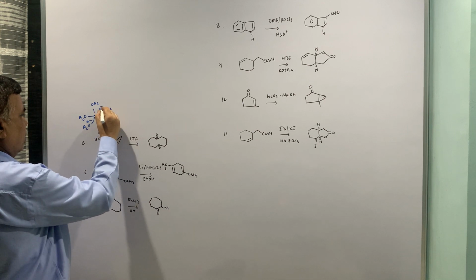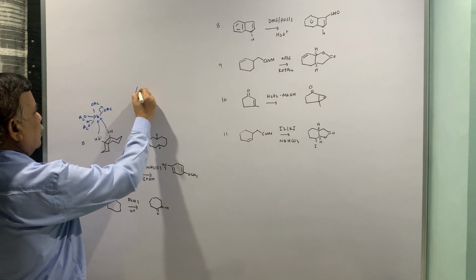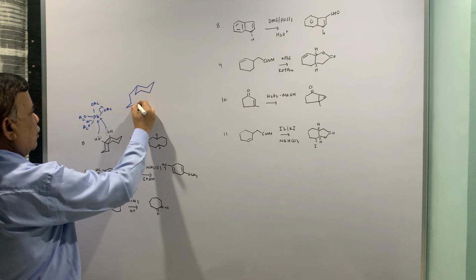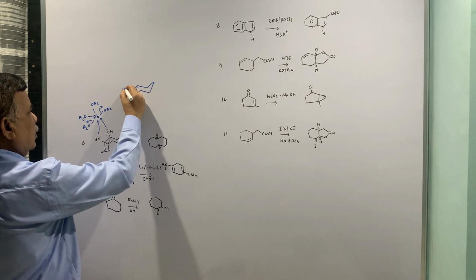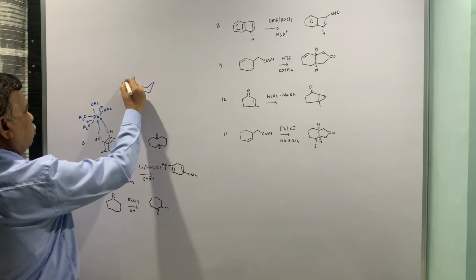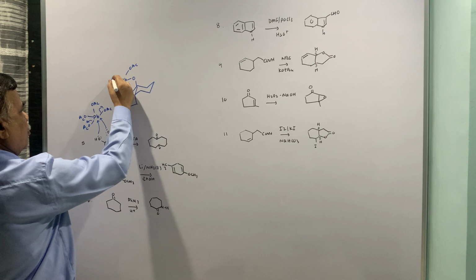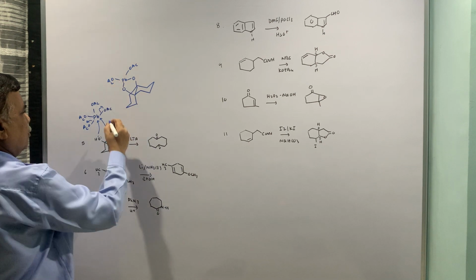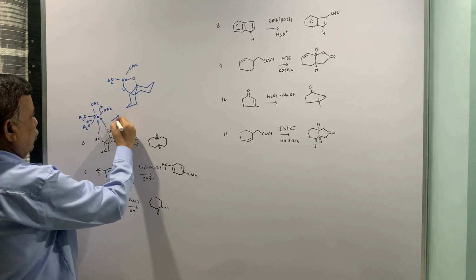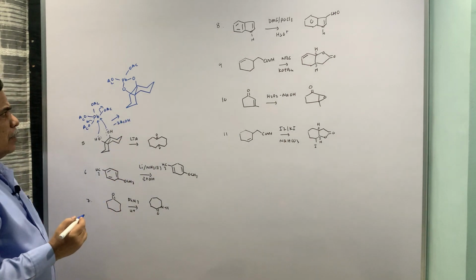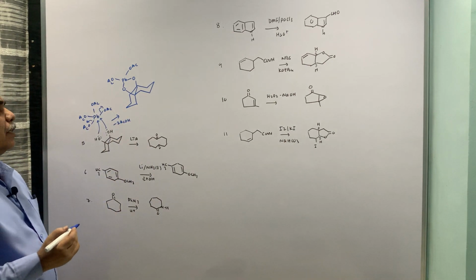The oxygen will have 2 lone pairs. So this is one, another O, lead. So 2 acetic acid molecules are lost. So I will put it here, 2 acetic acid. Those 2 molecules are lost. So you get this intermediate.